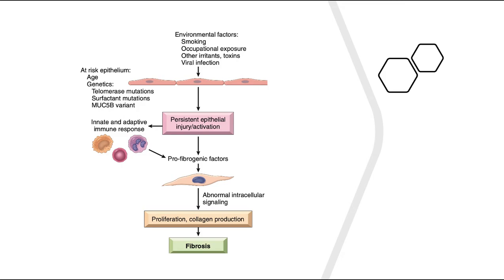Although the mechanisms of fibrosis are incompletely understood, recent data point to excessive activation of profibrotic factors such as TGF-beta.